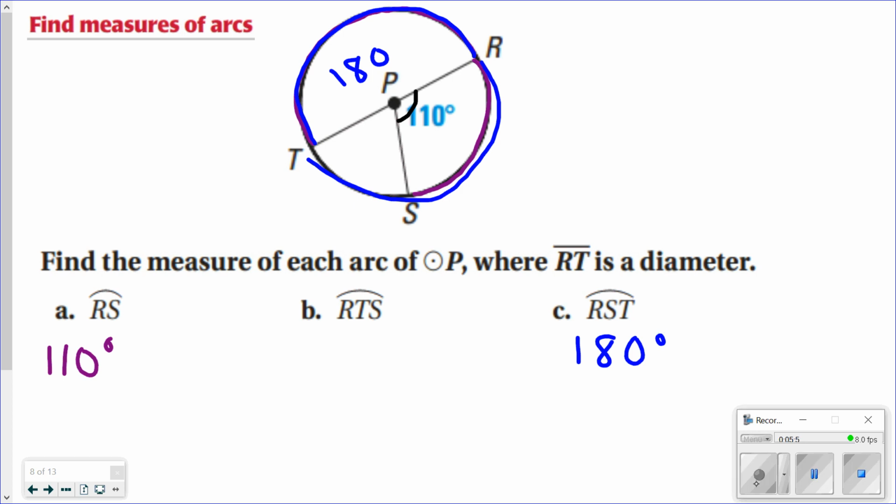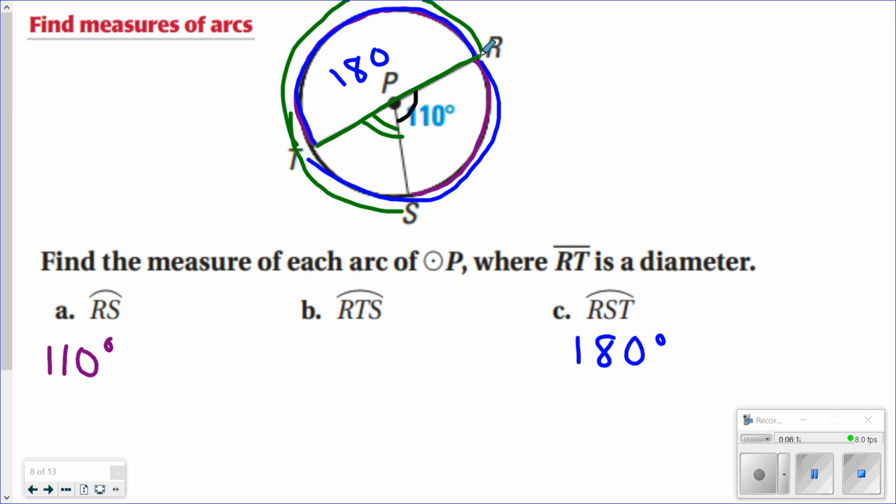Now the last arc we need to focus on is RTS. And remember order matters, so we start at R, we go to T, and then we go to S. So I need to figure out what is that measure. Well, I first need to figure out what is this measure here. Well, once again, we know this is the diameter.